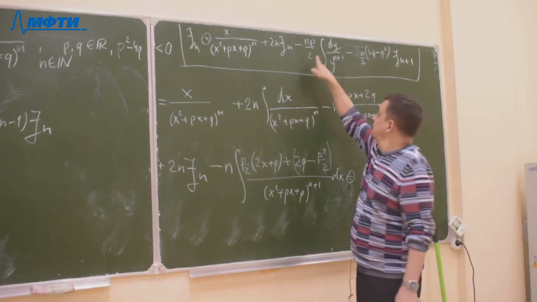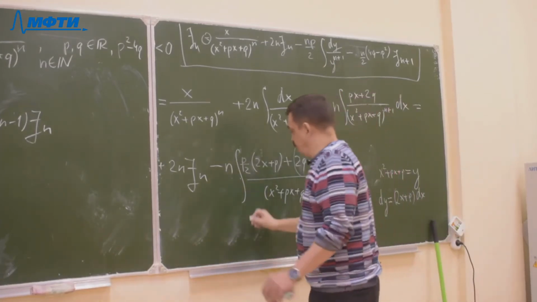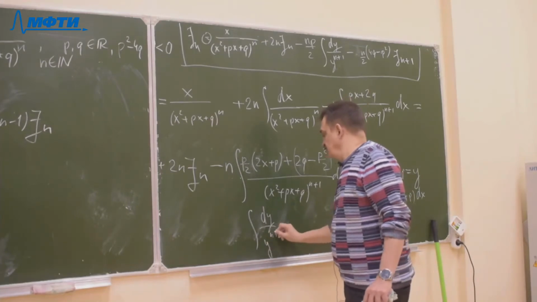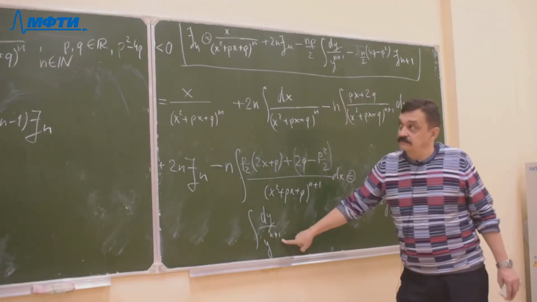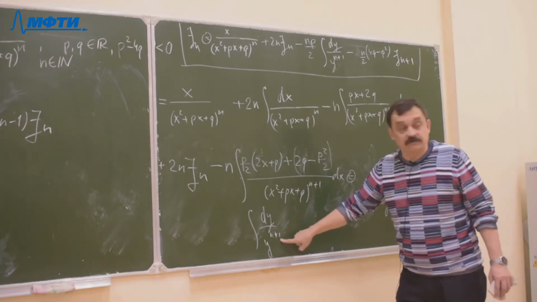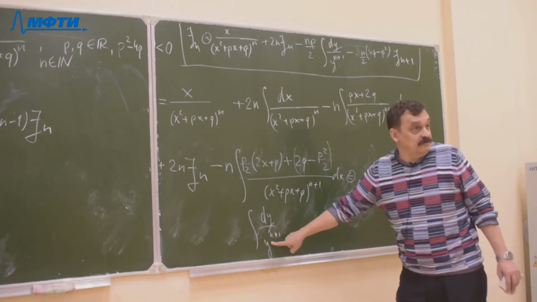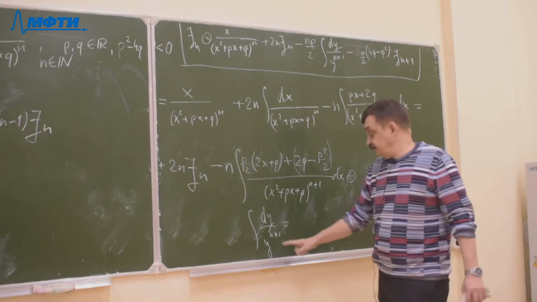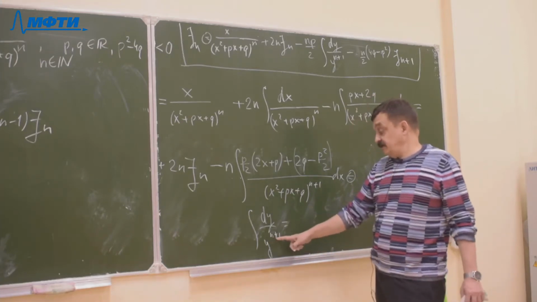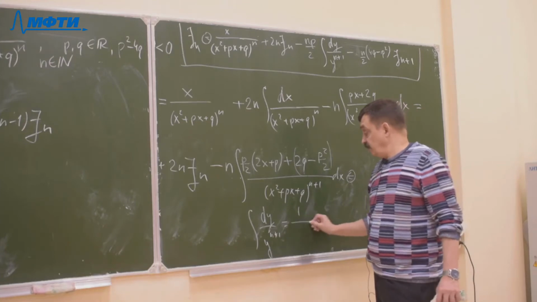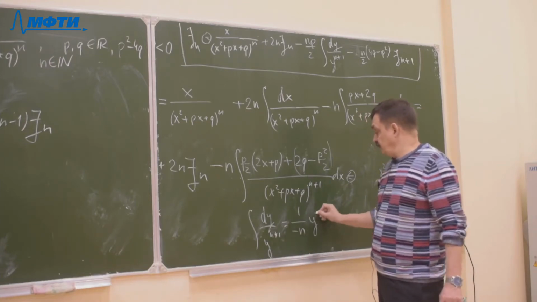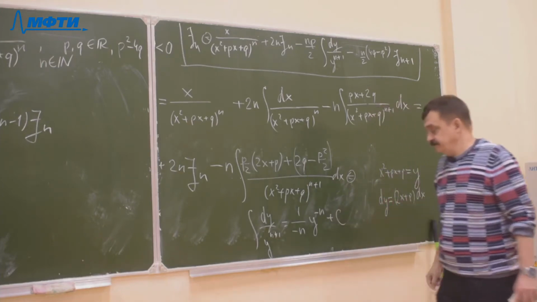So, let me compute it separately, recall. We have n plus 1 greater or equal than 2, because n is natural, right? So that is y to the power minus n minus 1, so 1 over minus n times y to the power minus n plus c.